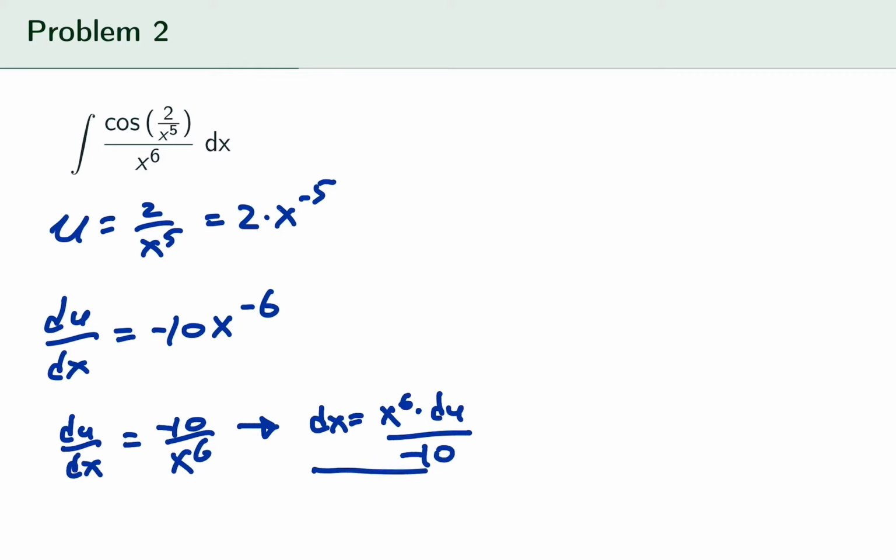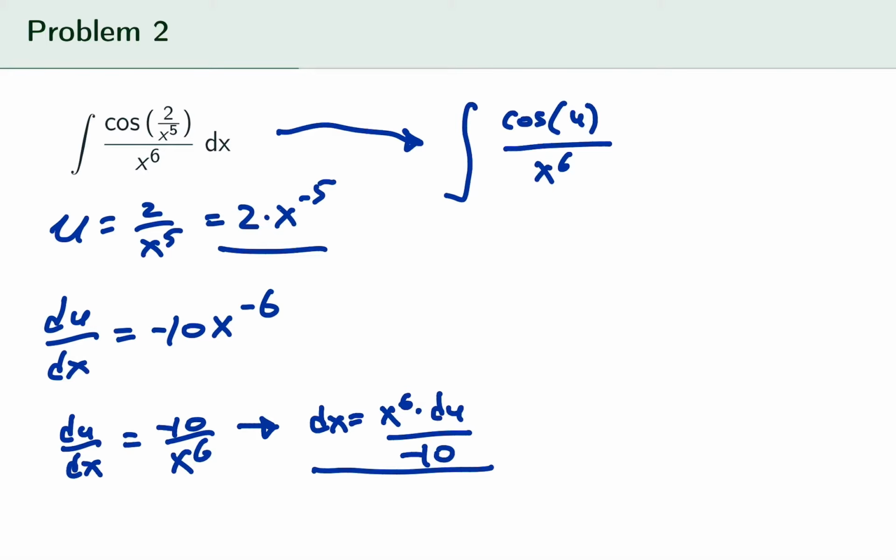So then using this one and this u right here, we can substitute. So let me bring it right here. I have cosine of u over x to the 6th. Remember, dx is this right here, so x to the 6th du over negative 10. And now we'll see that this x to the 6th cancels out.